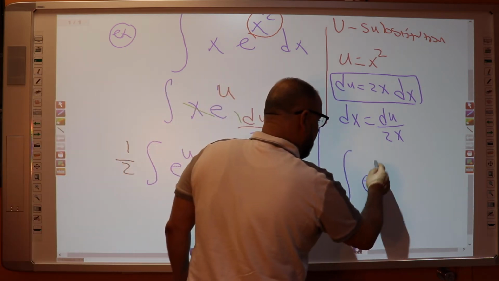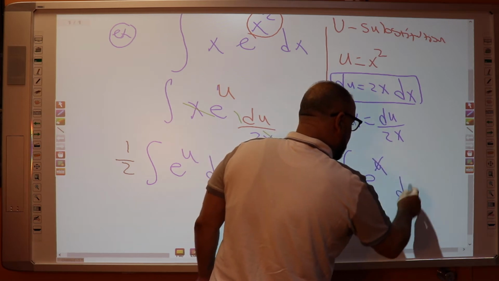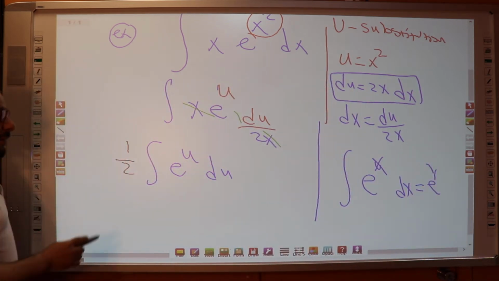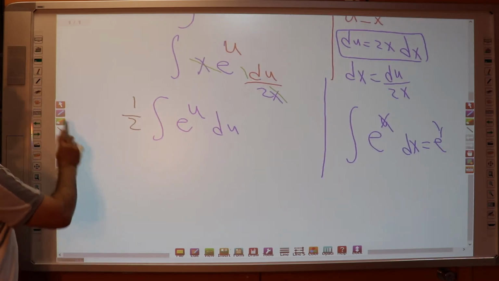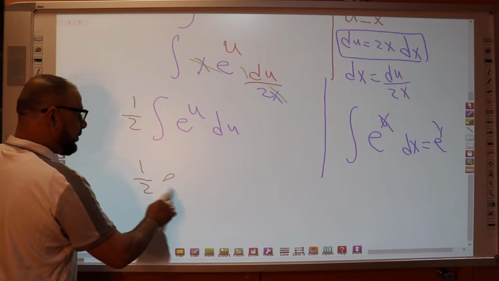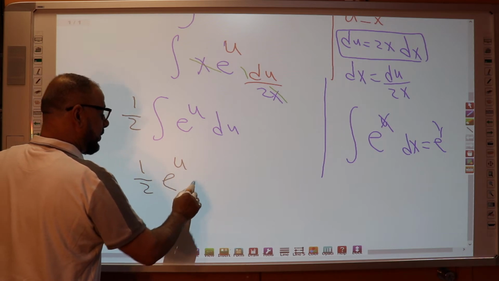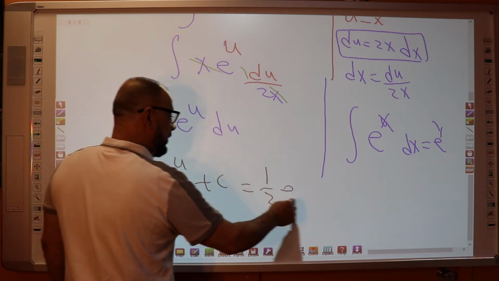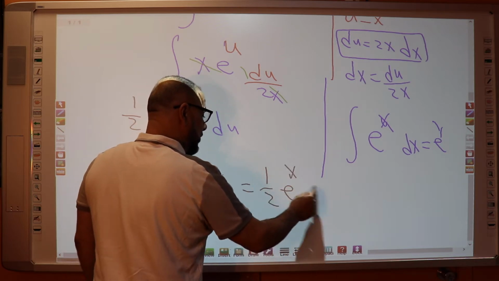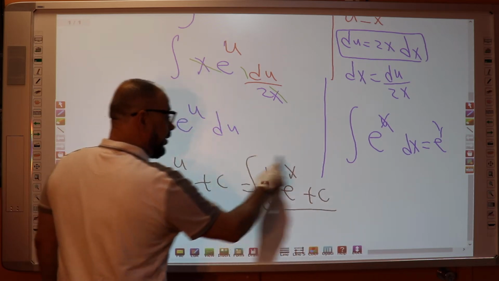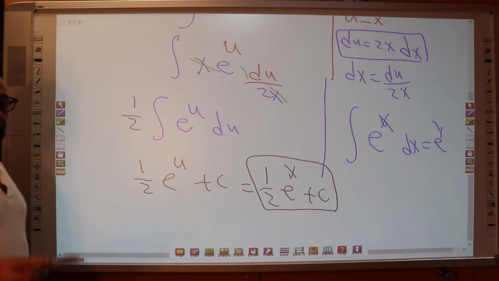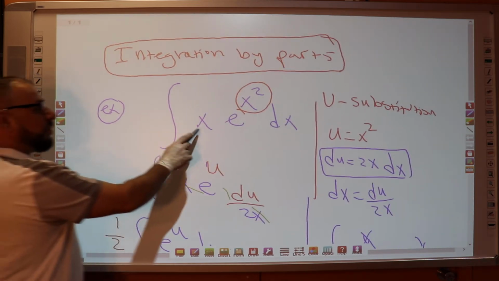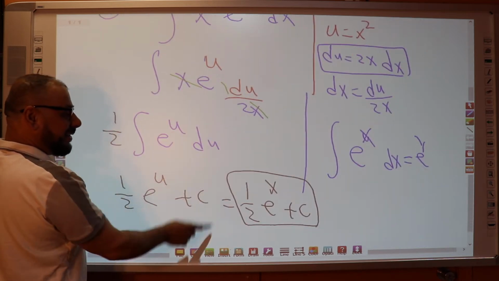Now this is very well known. The integral of e to the x dx is e to the x, right? Good. So we get half e to the u plus c. Bring back u: half e to the x squared plus c. Can I ask you a favor, Ismail? Can you remember this always? The integral of x e to the x squared equals what?